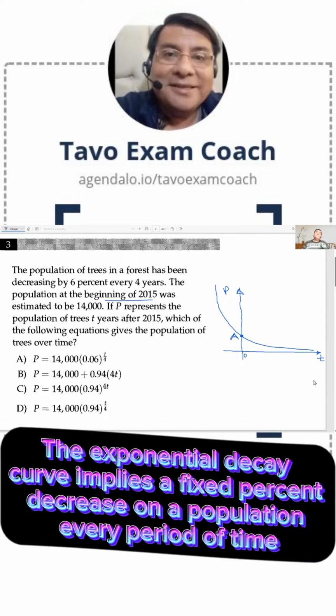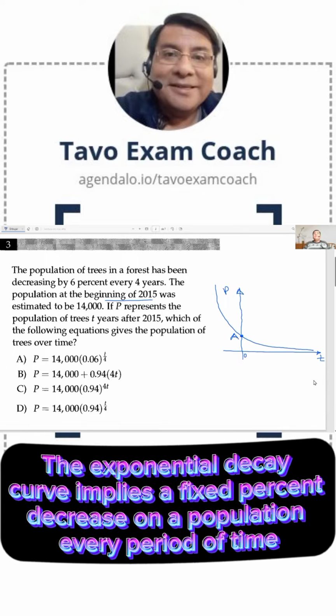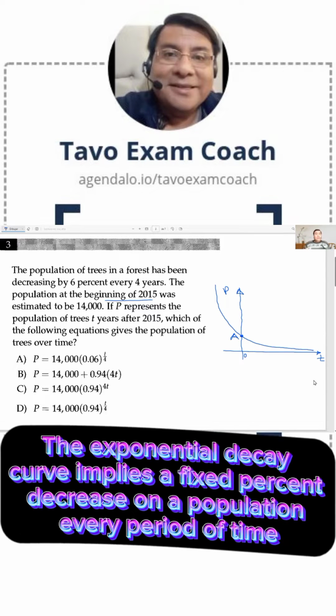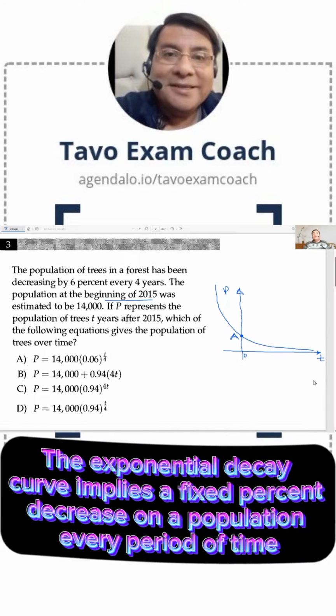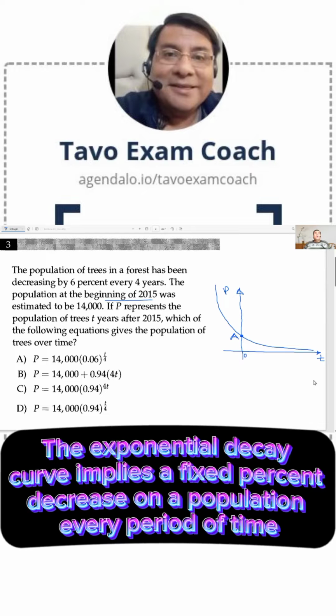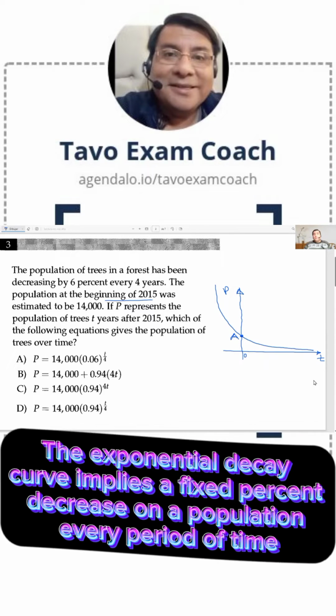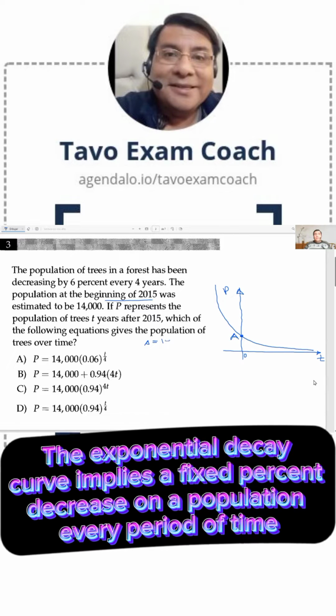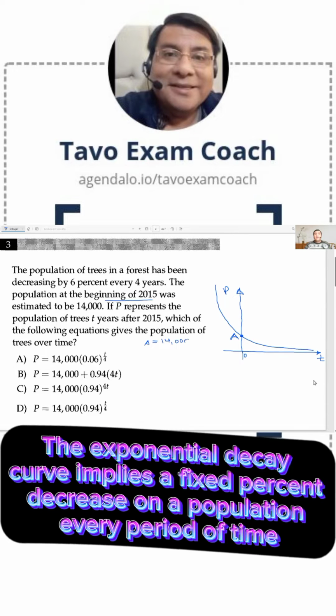Okay, so let's try to identify some data here in order to put together the equation that connects P and T as variables. So what is the initial size of the population? The value of A would be 14,000. Okay, very good.